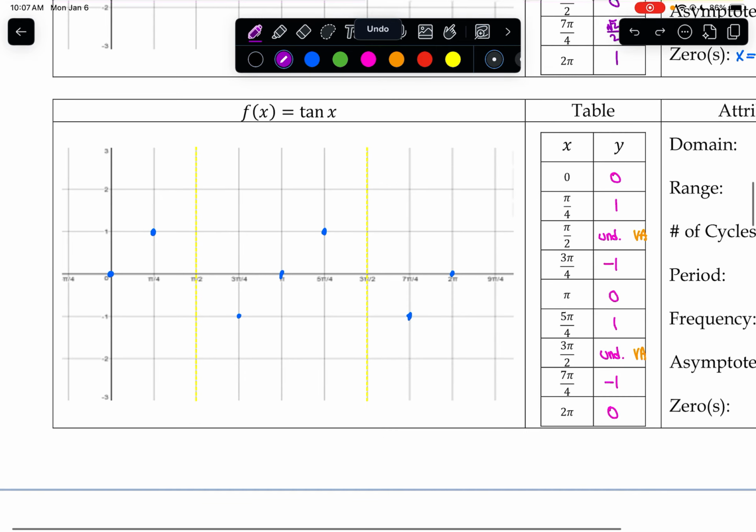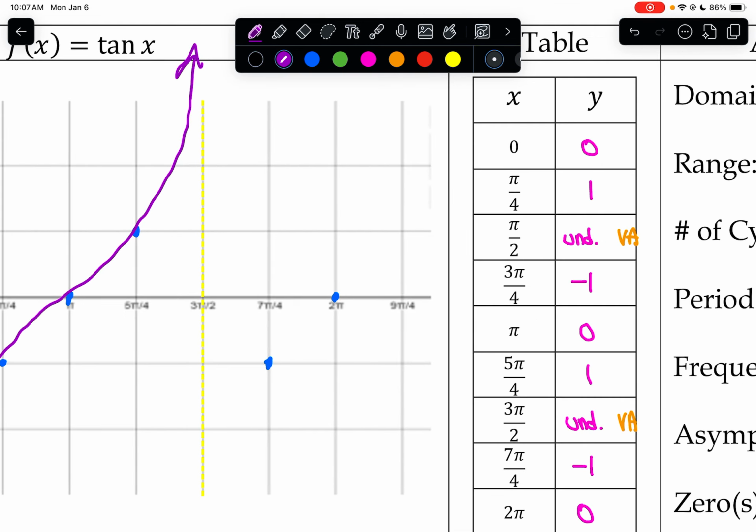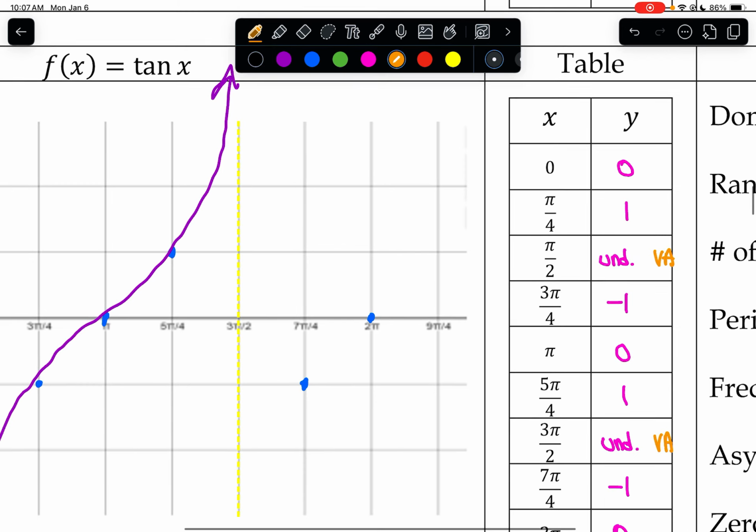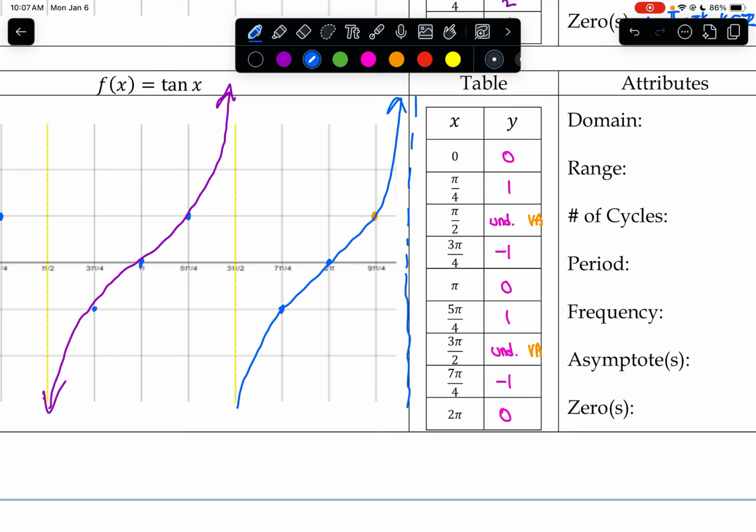Your graph is going to pass through these points and then get more and more vertical as we get closer and closer to those asymptotes. So over here, even though it's technically incomplete, when we get to 2 pi, I'm going to have another point over here. And then we would have another little cycle over here. And then we'd have another vertical asymptote.